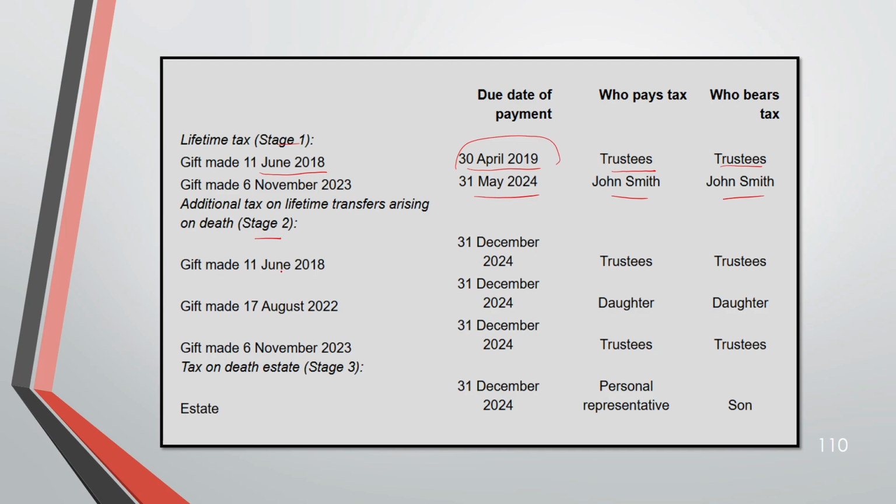Stage 2 for the first gift. Second gift also same, and third gift also, all the dates are same, 6 months from the date of death. And for the first gift, it is trustees because they have elected. Second gift, daughter, it's a PET now, it's become chargeable. And third gift, once again trustees.